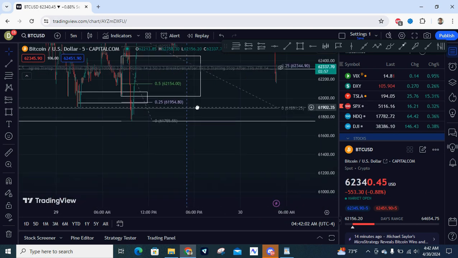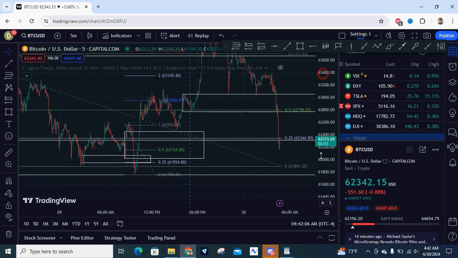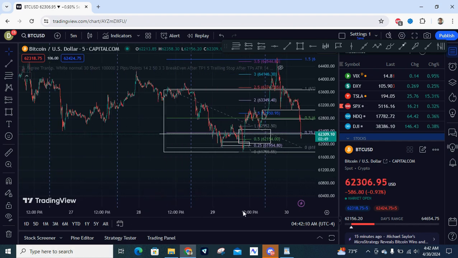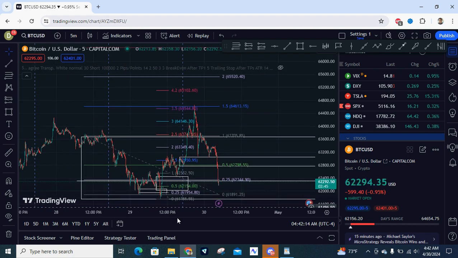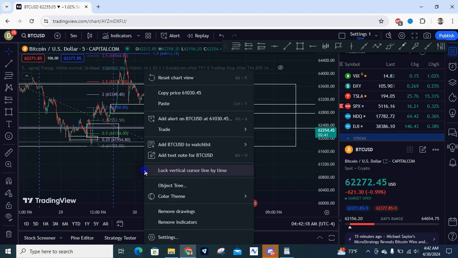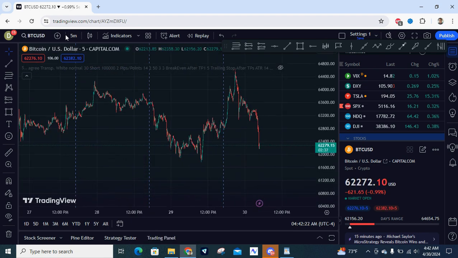Oh, it came in, retraced down to the downside, of course. Oh, this is the one I talked about. I didn't participate. I was in drawdown though, but by the time I hit my take profit, okay, so this is where I came in. I removed the drawings from here.